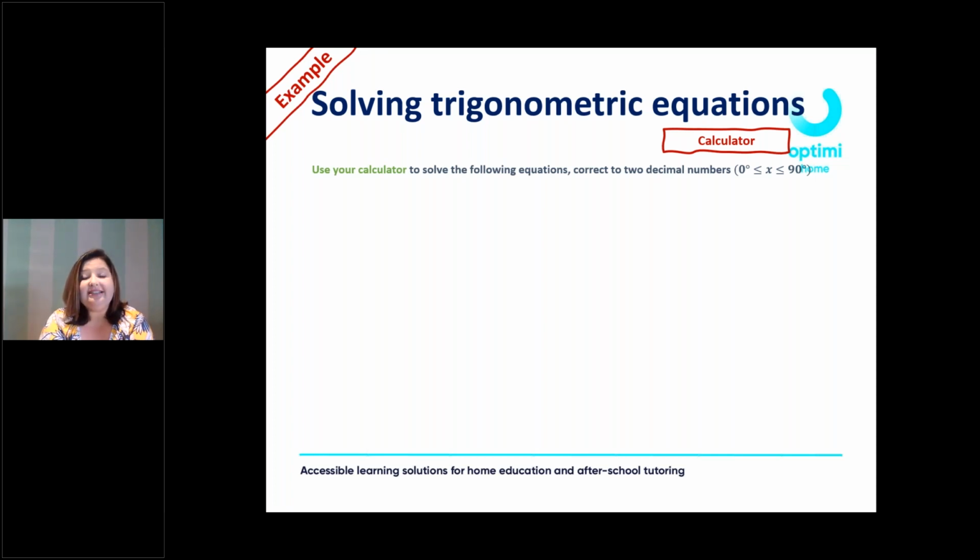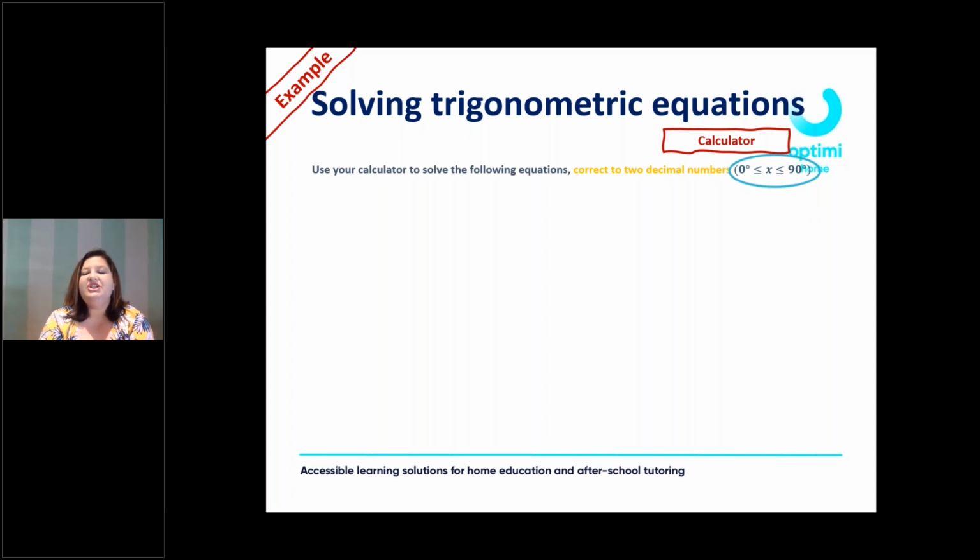Sometimes they don't say that, but they also don't say without the use of a calculator. So that's one clue. If they don't say without the use of a calculator, you are allowed to use your calculator. Just by mentioning the words correct to 2 decimal places, that also gives you a tip that you are allowed to use your calculator here.